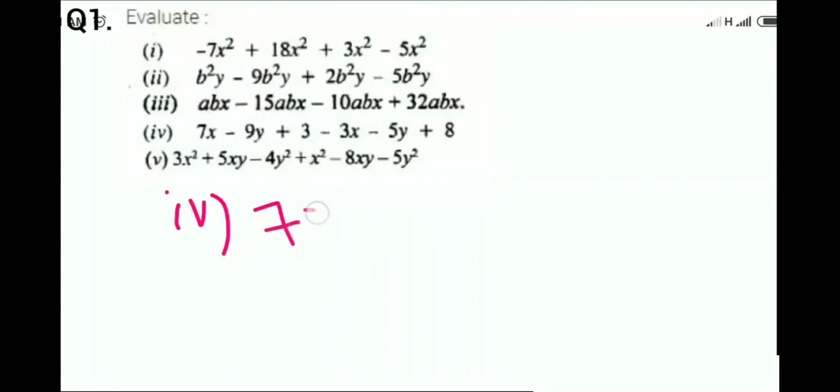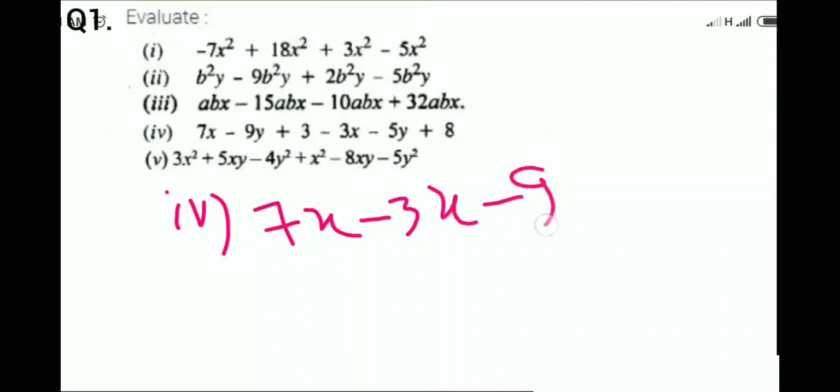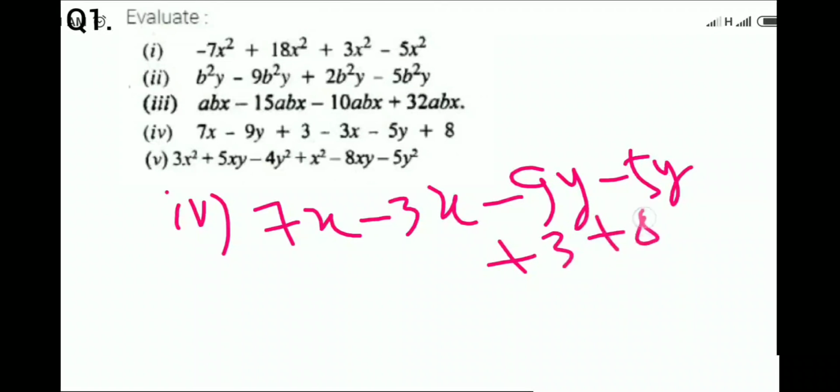Similarly, 7x. There are more than one variable here, so we will be writing each variable together. Therefore 7x minus 3x minus 9y minus 5y plus 3 plus 8.